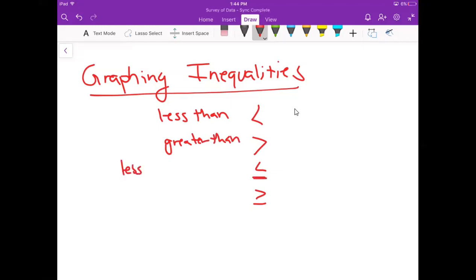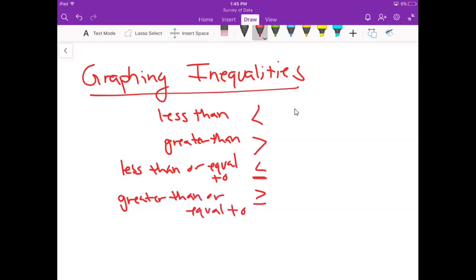So this one's the one like the top, so it's still less than, but then if that line is underneath, it's or equal to. So we can be less than a number or equal to, and this last one is then greater than or equal to.